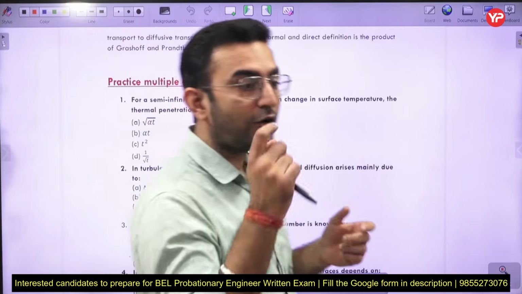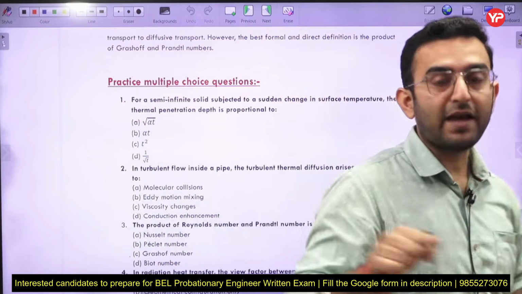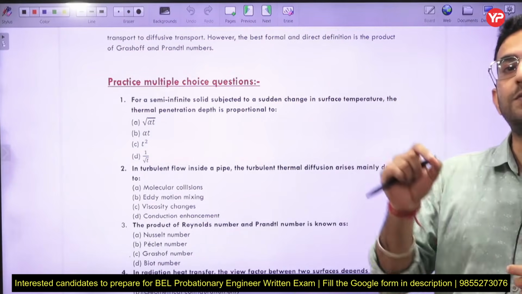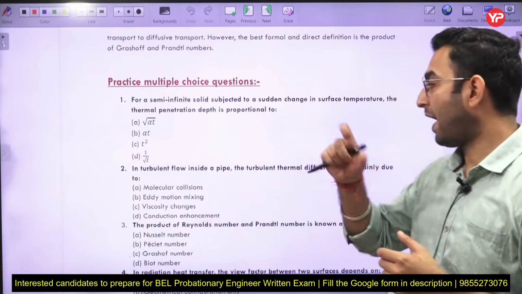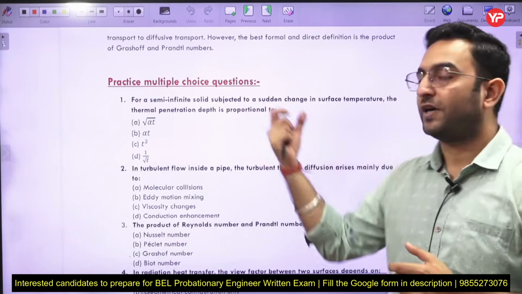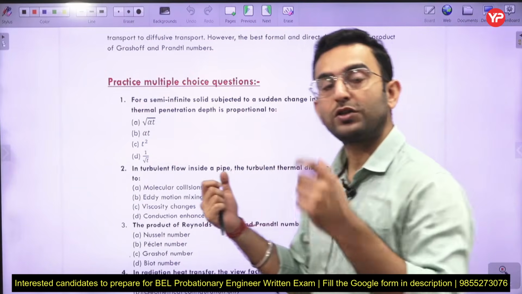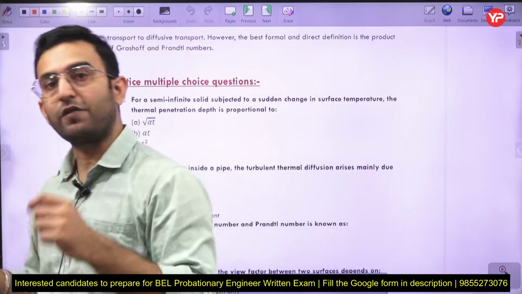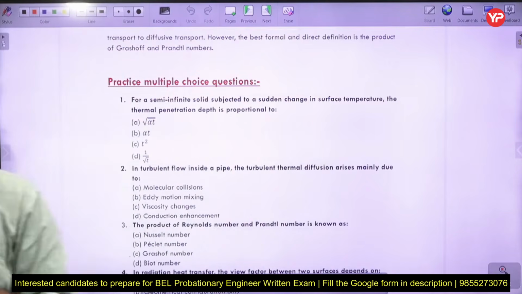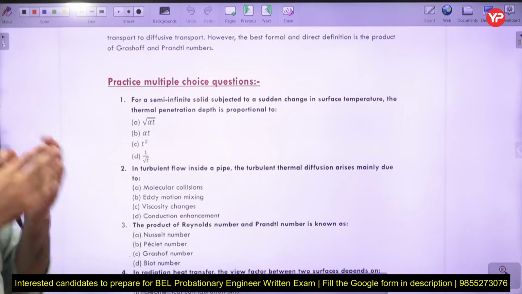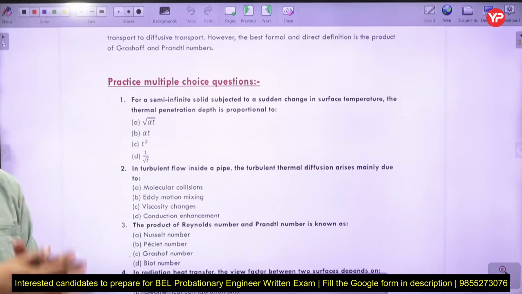Okay, now you have to understand that in the entire heat transfer, which dimensionless number is basically used to study the thermal penetration depth. Okay, so there we have the Fourier number. The Fourier number is a number which is used to predict the thermal penetration effect in a solid body.